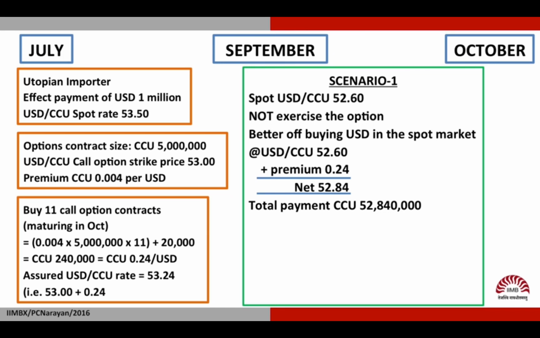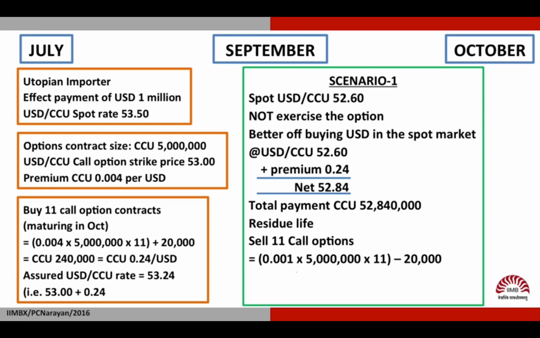Also, remember, the options are expiring in October. Today we are on September the 22nd. Therefore, there is a residual life for that option and the importer can sell the 11 call options if it commands some residual maturity premium. Otherwise, let the options lapse. For example, if the premium in September for October call options is 0.001, by selling the call options for the residual maturity, he will realize 0.001 into 5 million into 11 minus the brokerage of 20,000, which would give him a cash inflow or a net gain of 35,000.